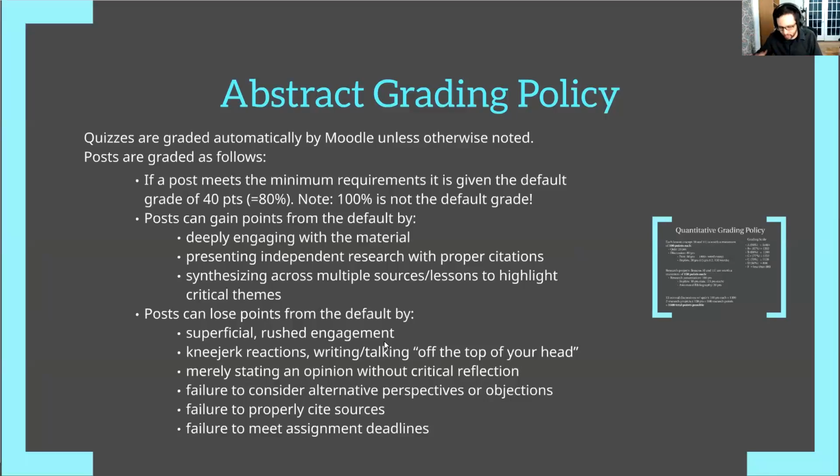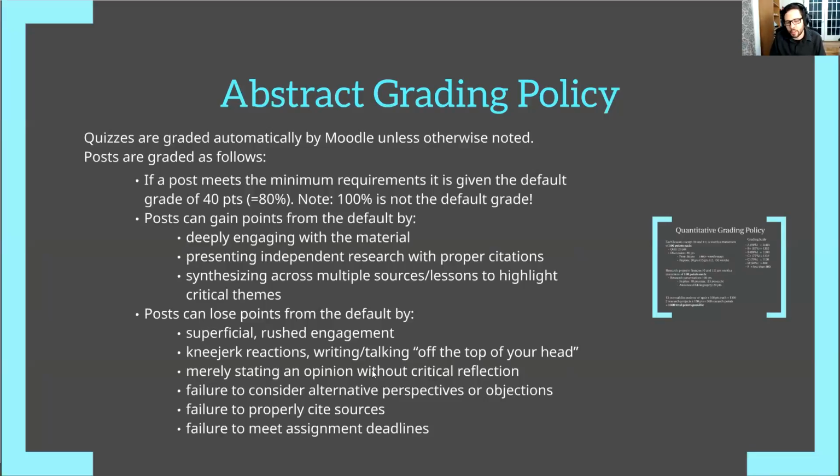This will help you do spell check and grammar check. Make sure you're doing as high quality work as you can. Knee-jerk reactions, writing off the top of your head. If it sounds like you just read the material and then you're just writing, especially if it sounds like you're writing these things in the last 5 minutes before the deadline, that shows very clearly in your work, and that'll end up with points getting taken off.